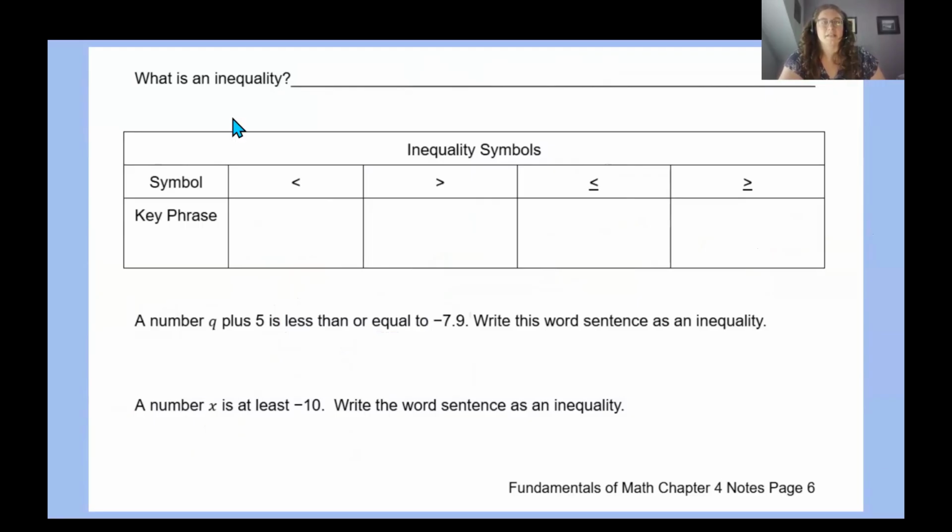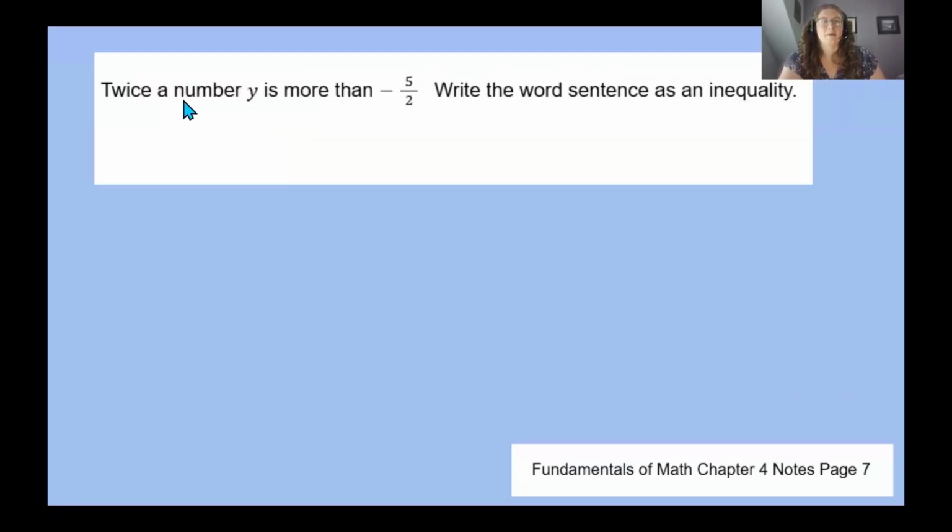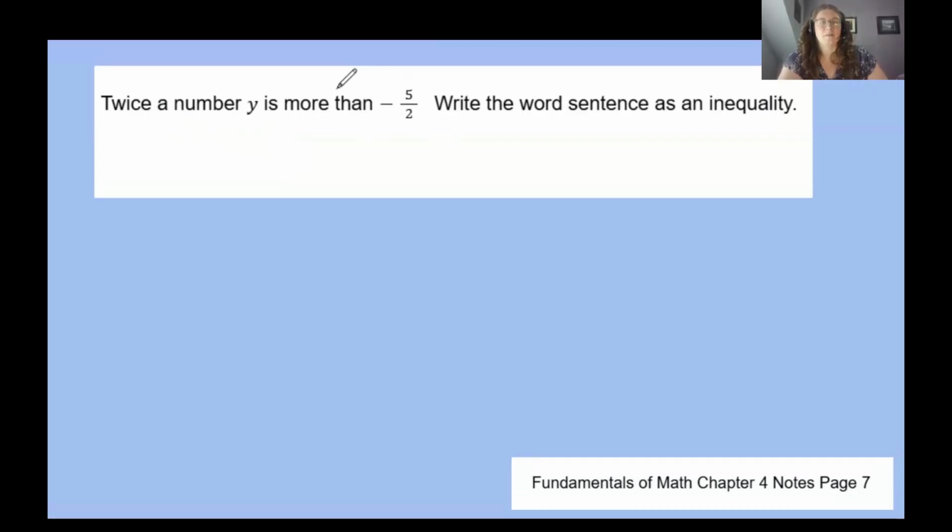All right, so turning to page 7, we want to write as an inequality this word sentence. Twice a number y is more than negative 5 halves. Right. So our key phrase here is more than. So we have twice a number y. So we'll write that 2y, twice a number y.